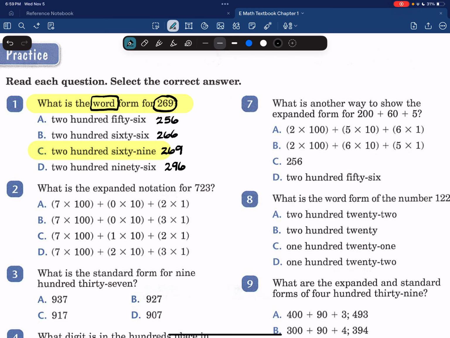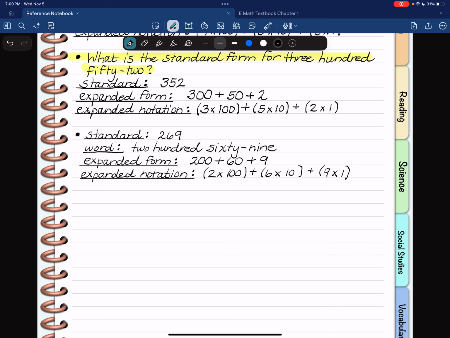This question, What is the expanded notation for 723? So here's the keyword. And let's go to our notes page and take that 723. So my standard form is 723.